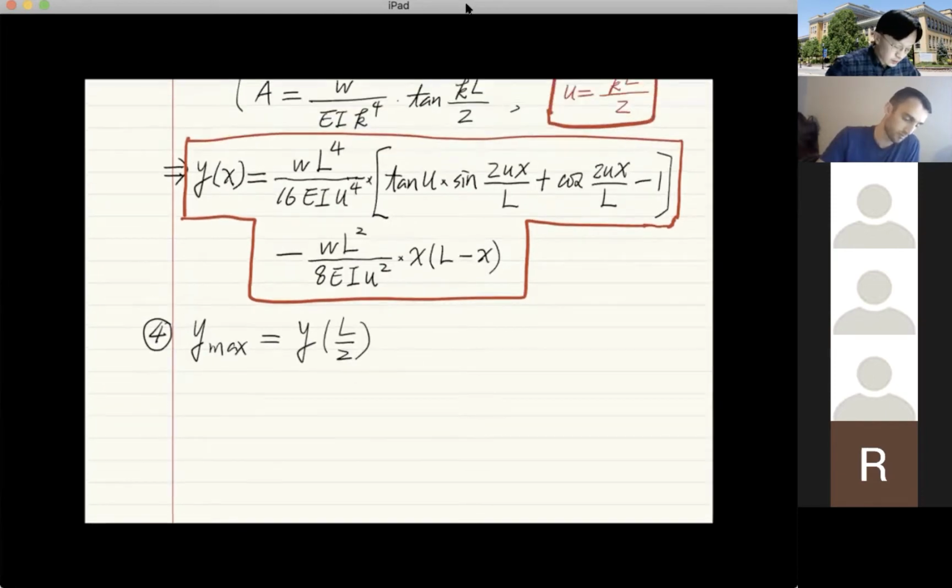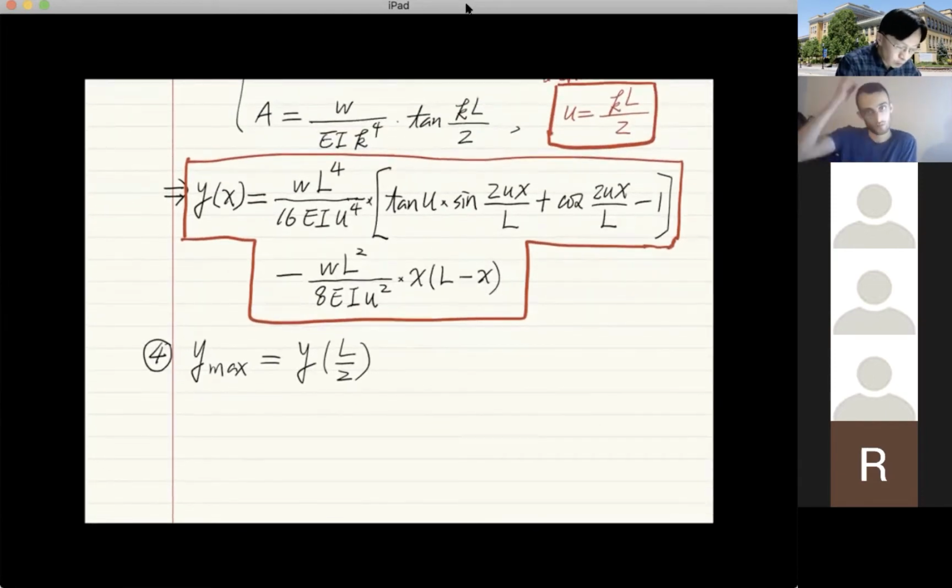Which means in order to get the expression of y maximum, you just have to plug in x with L over 2 into the expression of y of x here. Be careful that you only replace x with L over 2. u here is not really a constant, it is force dependent.